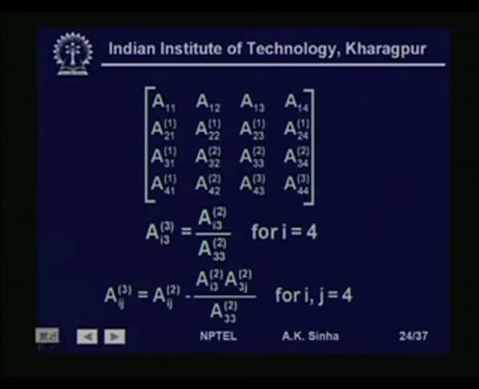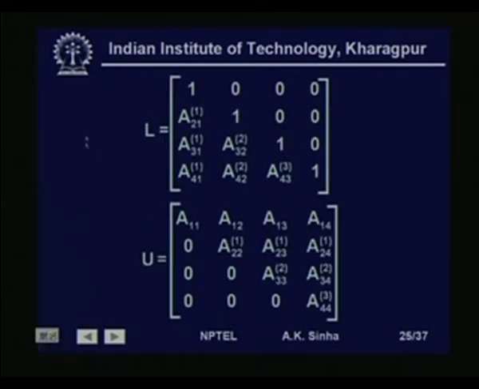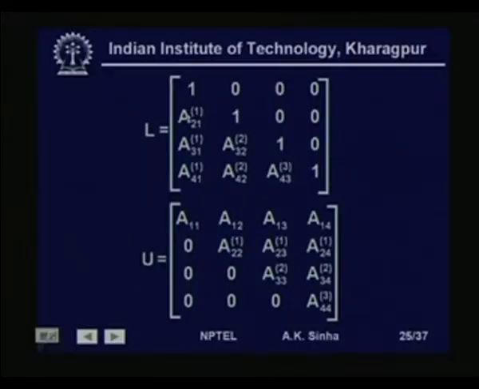Therefore, this matrix can now be written as a factored matrix LU, where we have the elements of the lower triangular part of the matrix, and the diagonal elements are 1, whereas the upper diagonal elements of the matrix are denoted as u. The lower diagonals of course are 0, here upper diagonals are 0. So this is the LU factors that we will get.